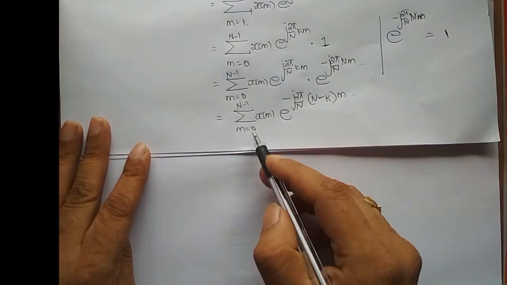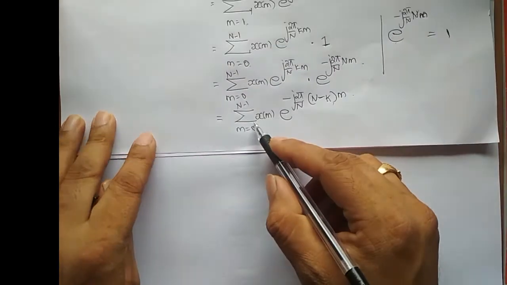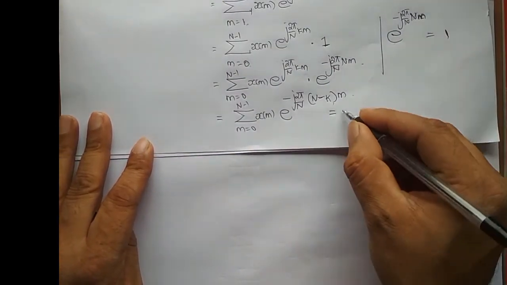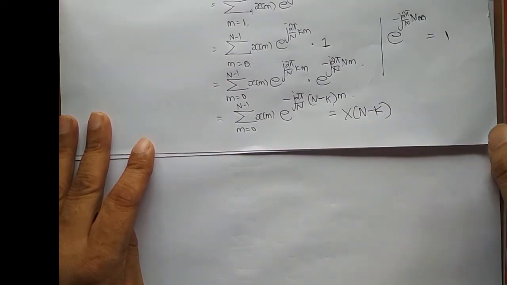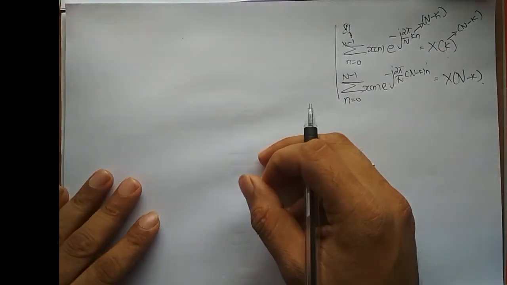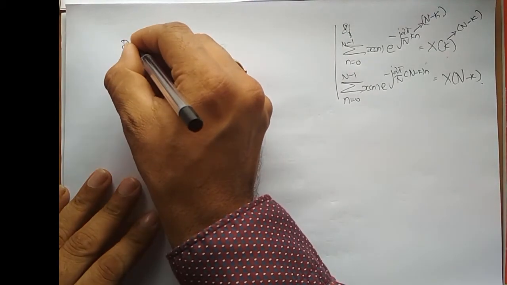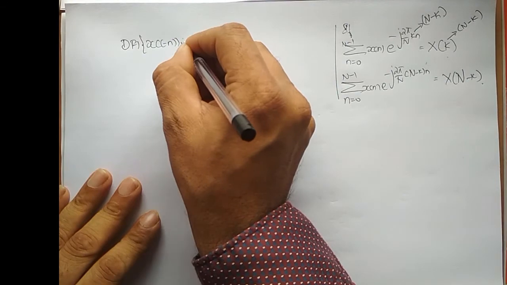So therefore, in the previous step, this is what I got. Instead of writing this, I can write it as X of n minus k, right? So therefore, what is the left hand side? What was the left hand side we had? The left hand side we had was DFT of x of minus n mod n. This is where we started.